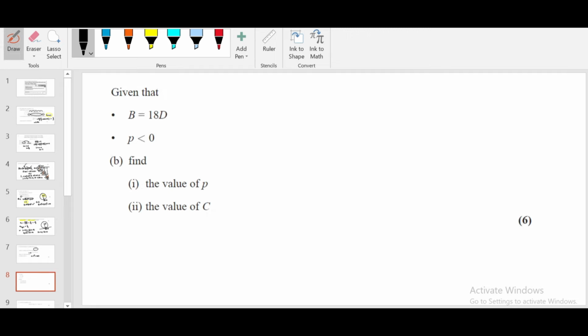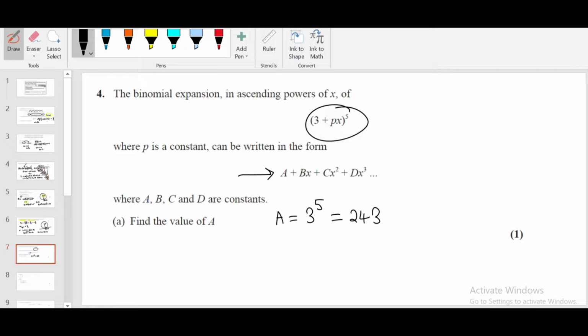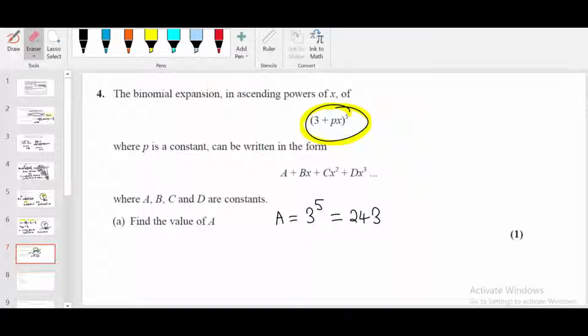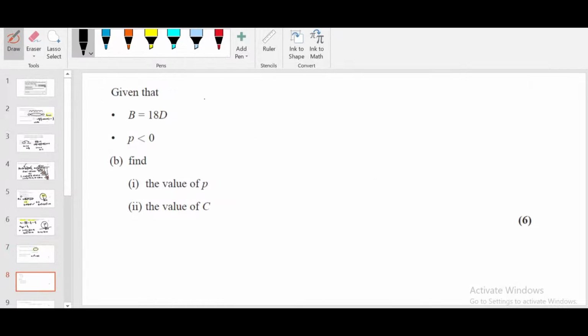B and D. You need to find the expansion. The coefficient of x is b, coefficient of x cube is d. So you need to basically expand this thing till the x cube term. So that's what we are going to do first. 3 plus px power 5 is equal to, look at the data booklet for binomial expansion.